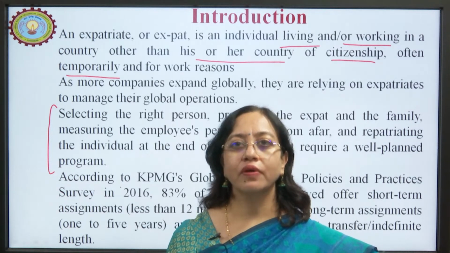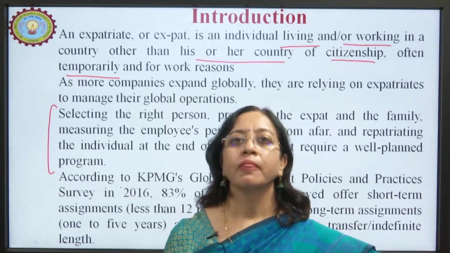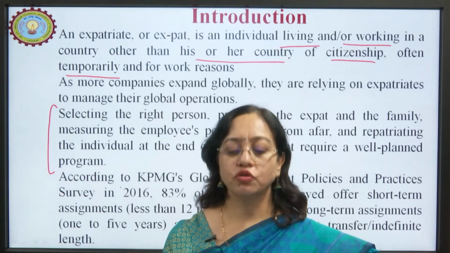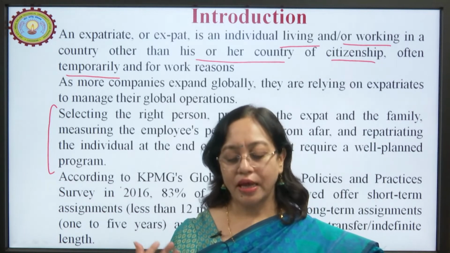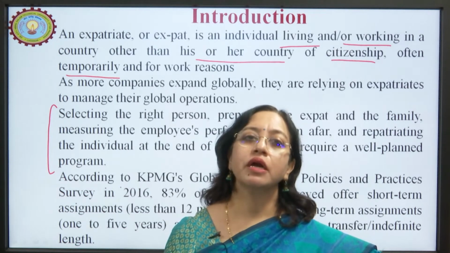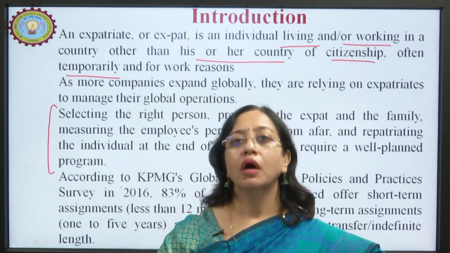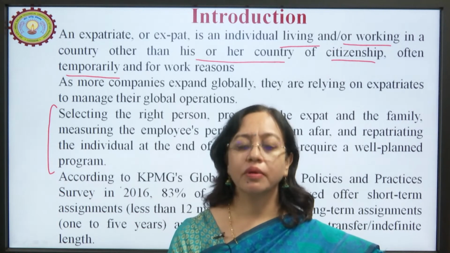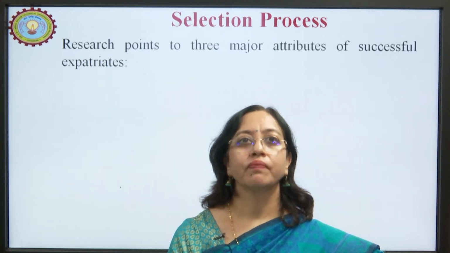So, you generally have three types of foreign assignments given to employees: the short term, the long term, and the permanent or indefinite. So, different types of planning may be required for different assignments.